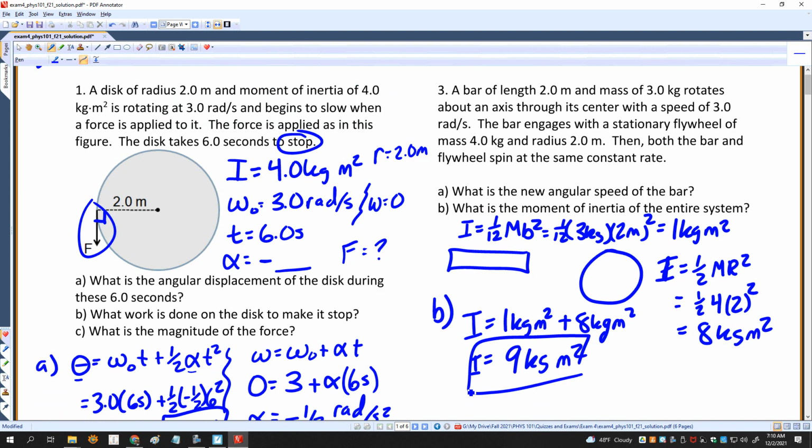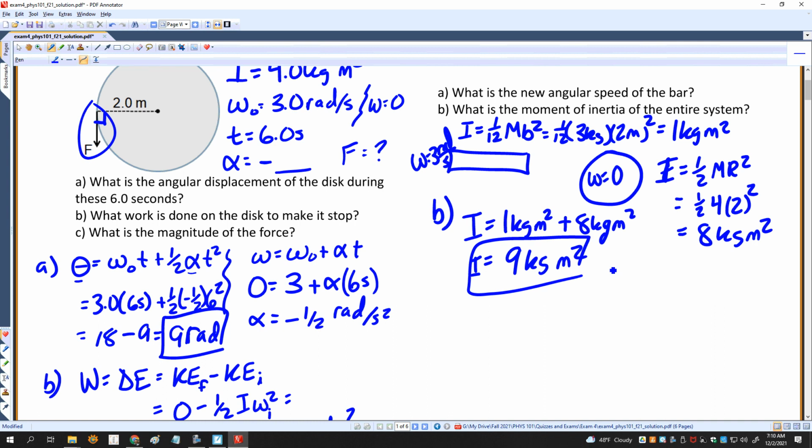So this thing is rotating at 3 radians per second. And this is not rotating at all. So for part A, I would say L initial equals L final. Your initial momentum is just the bar. So that's going to be I initial omega initial for the bar. And then your final is going to be the sum of those two, I final times omega final.